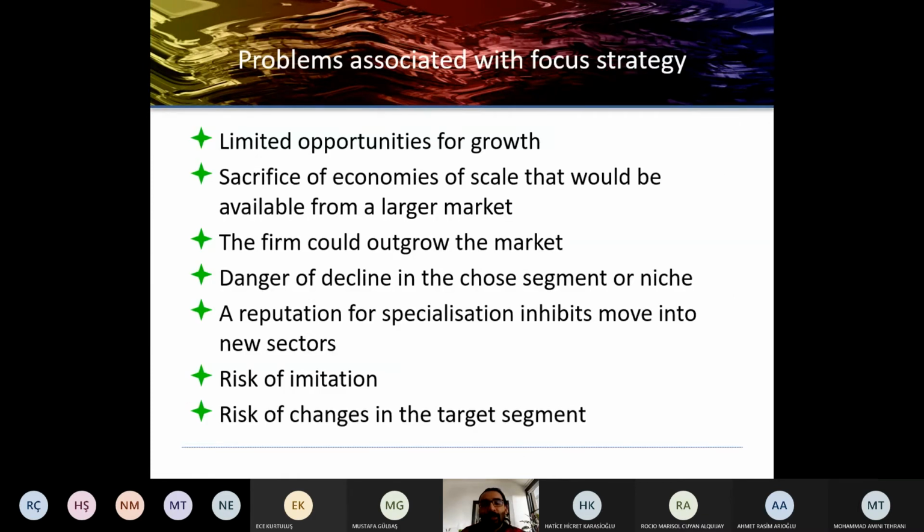Okay, so there are also risks of focus. You have limited opportunities of growth. You need to sacrifice economies of scale. You have fewer customers in terms of number. The danger of decline in the chosen segment or niche.